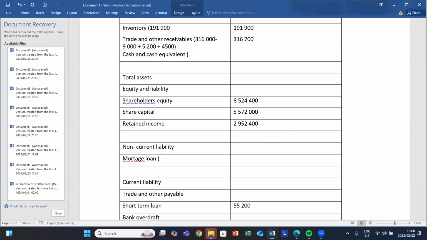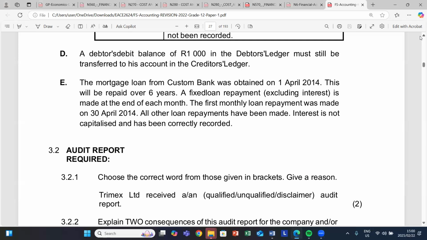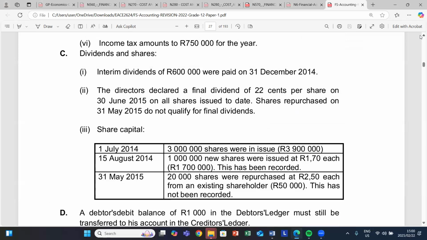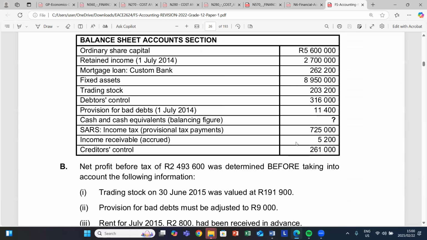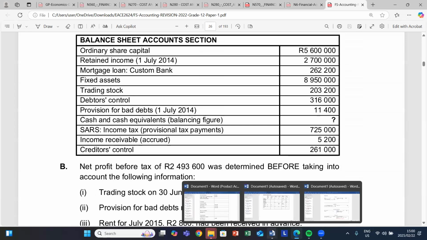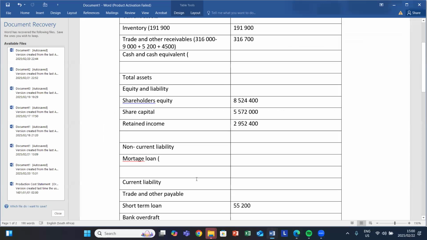And then remember our mortgage loan was how much? Let's check our mortgage loan. It's 262,200. Our mortgage loan amounted to 262,200. On the 262,200, you're going to minus the short-term one, which amounted to 55,200.